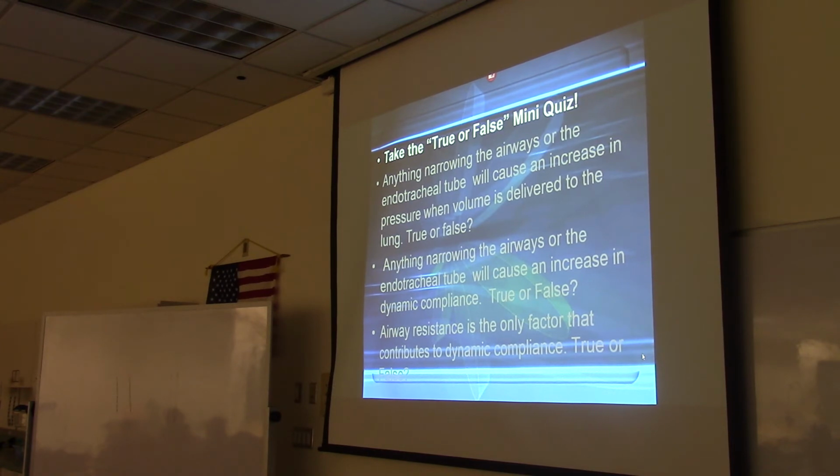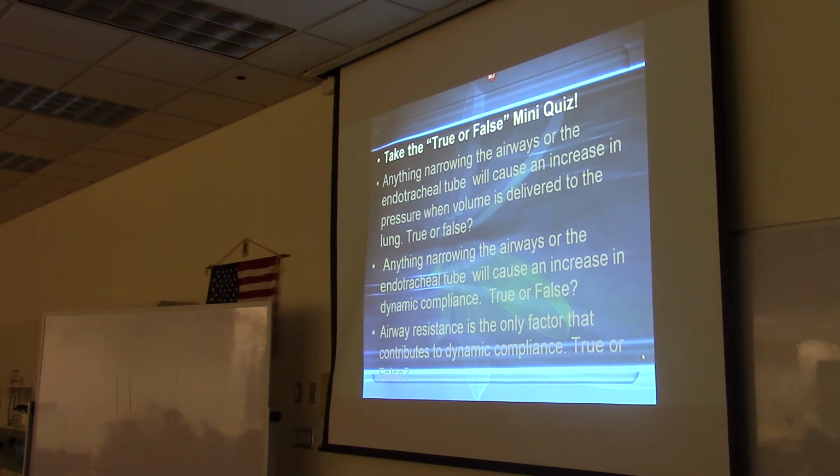We have a true-false mini quiz. Ready? Anything narrowing the airways or the endotracheal tube will cause an increase in pressure when volume is delivered to the lung. Is that true or is that false? True. It is true.